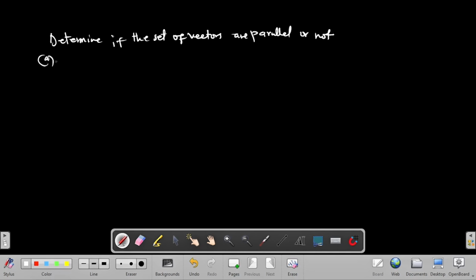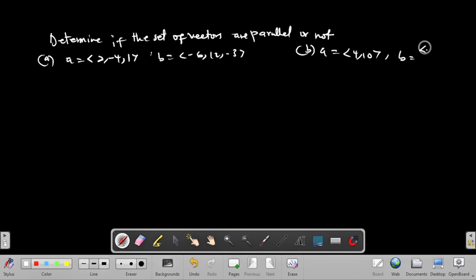I have A equal to 2, negative 4, 1, and B equal to negative 6, 12, negative 3. Then for the second set, A equal to 4, 10, and B equal to 2, negative 9. For two vectors to be parallel, one should be a scalar multiple of the other. They should be the same, just that one is a multiple of the other.